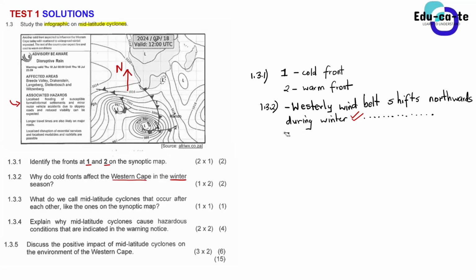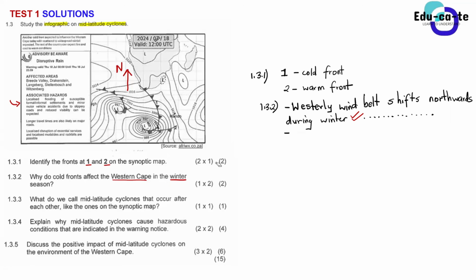I wanted to ask, what if I said the cold front affects the Western Cape because there's a cold front passing near the interior, and that is due to cold front occlusion? Well, it's more like you are stating what you can see from the diagram.